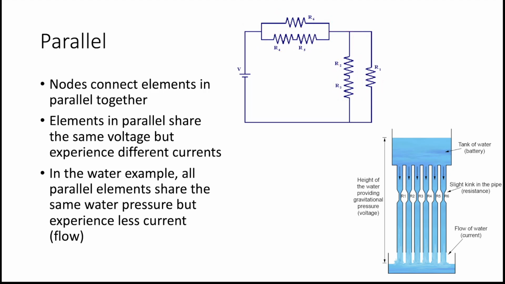However, if you're looking at just these individual branches, resistor 4 and resistor 5 are in series with each other because right here between them, there is no alternate path for the current to go. All the current that enters resistor 4 must leave resistor 5. So resistor 4 and resistor 5 are in series, but resistor 6 is in parallel with these two resistors.